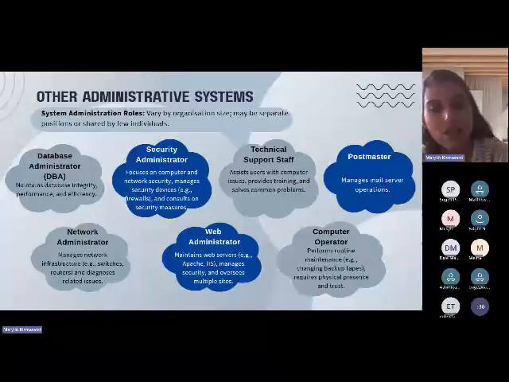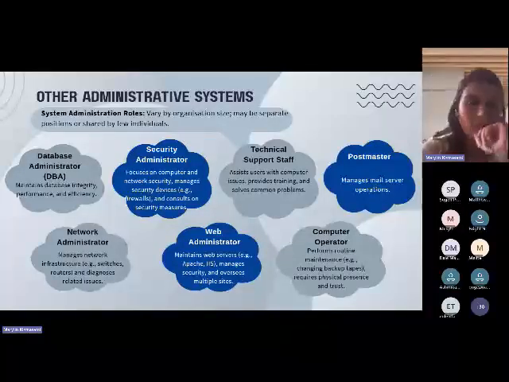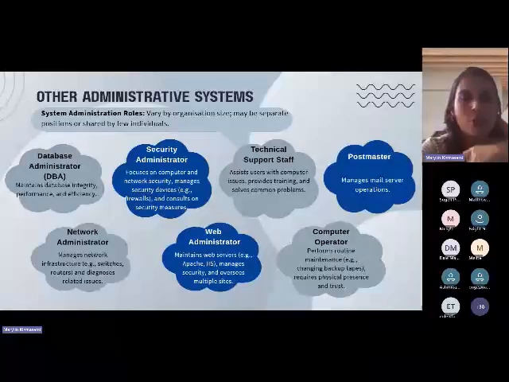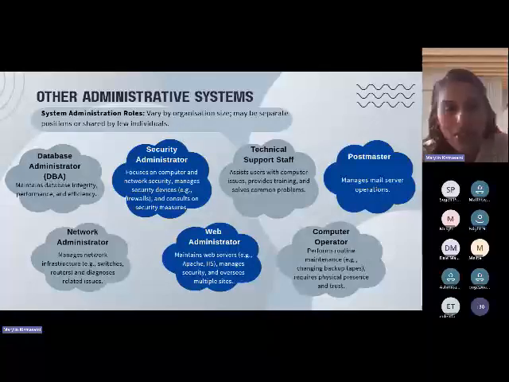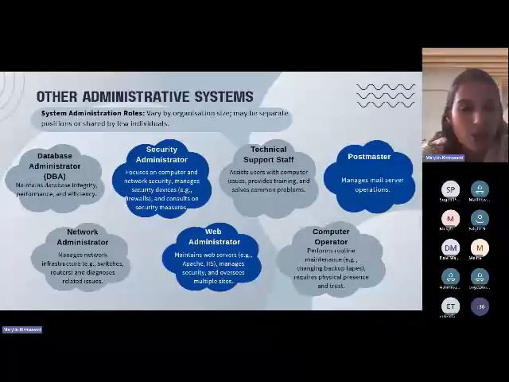And then last, we look at the postmaster. Okay, so the postmaster administers the organization's mail server. They manage all the email accounts and addresses, and if there are any issues pertaining to email accounts, such as you can't access your email, that would be your go-to person to help you sort that problem.